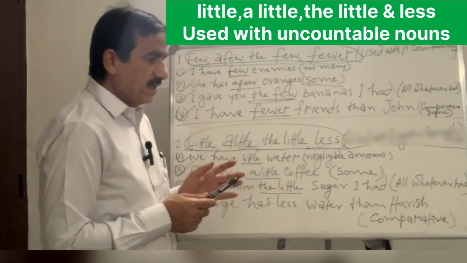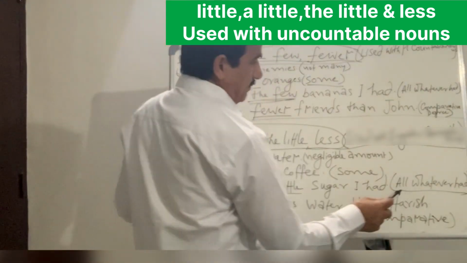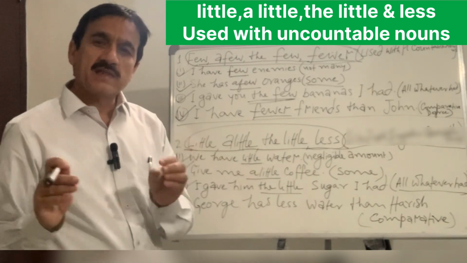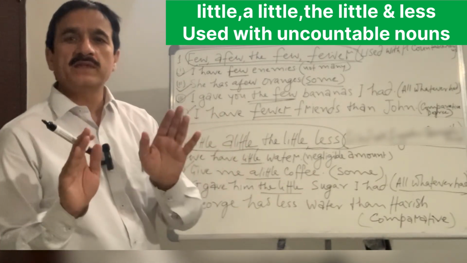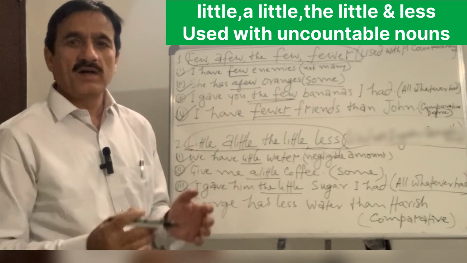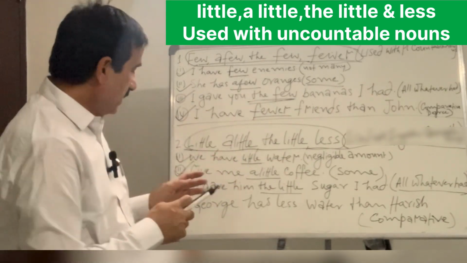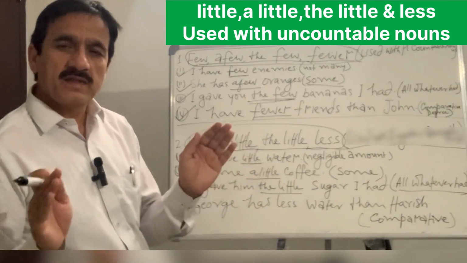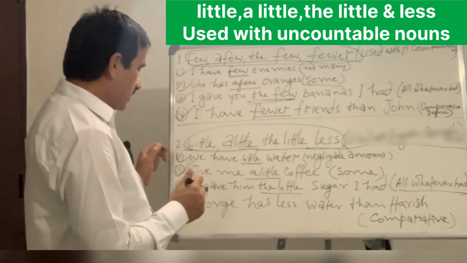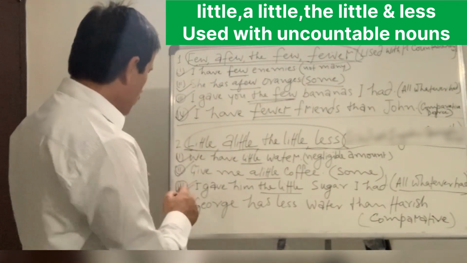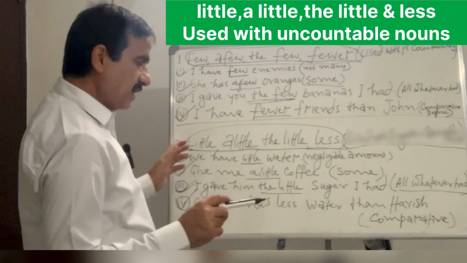This means all whatever I had but not much. हमने उसको जितना चीनी था दे दिया, लेकिन वो ज्यादा नहीं था, not much. Whatever I had, all I gave, but it was not much.